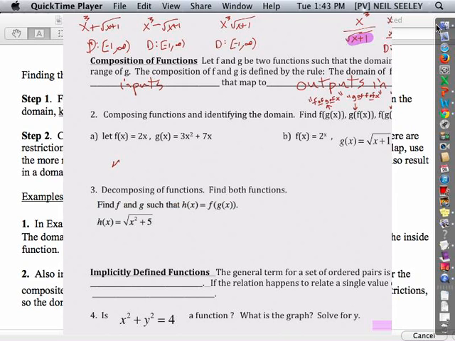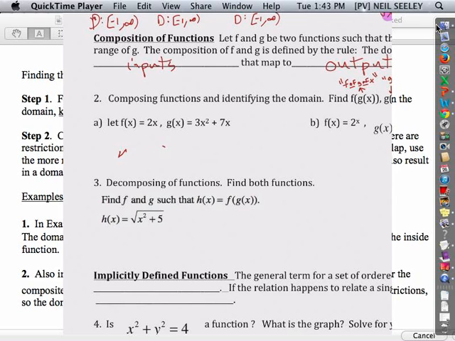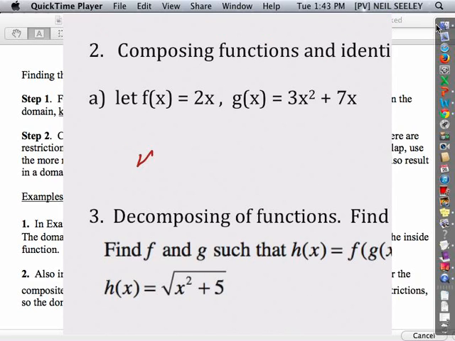First one, A. Let's do A. f of g of x is our first goal. Let's call this I. We'll call I g of f of x.